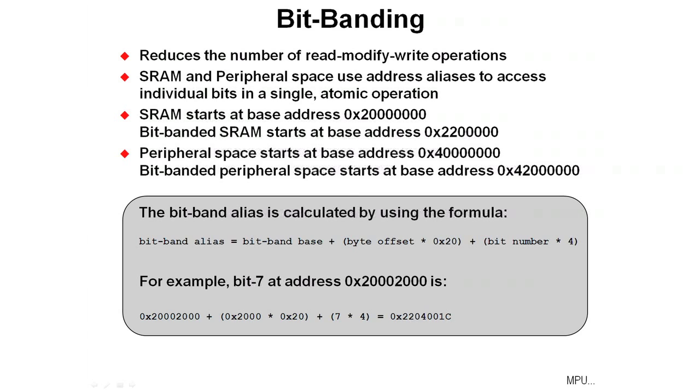Add all that together and you're going to get a bit banded address of 0x2204001C. The LSB of that location will be bit 7 of physical address 0x20002000.